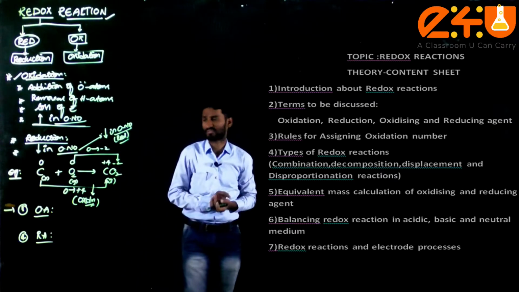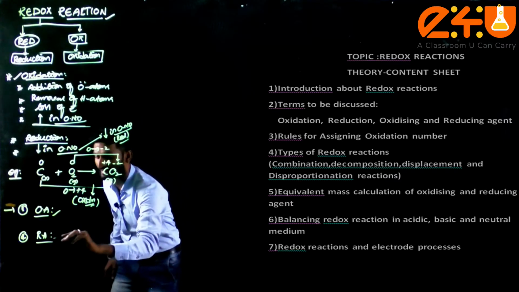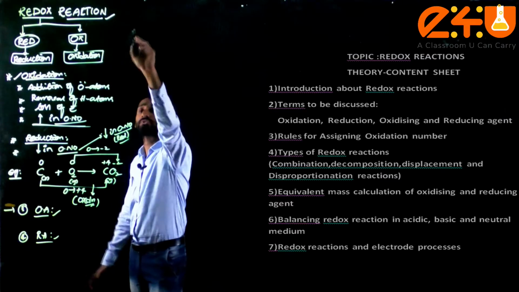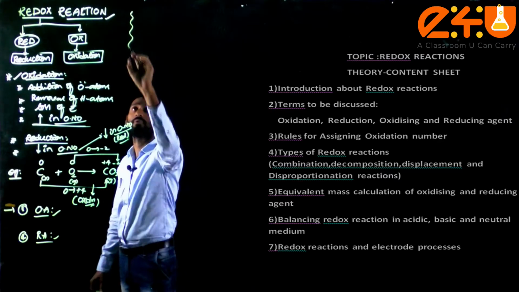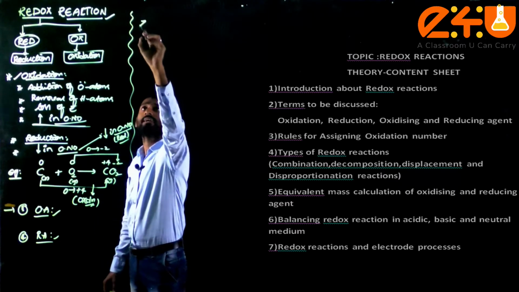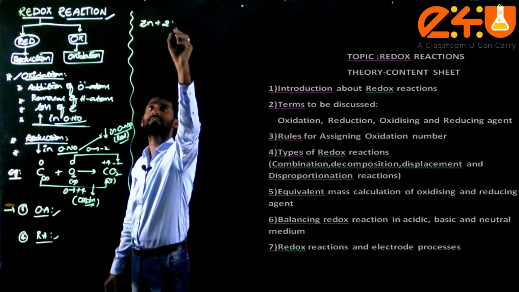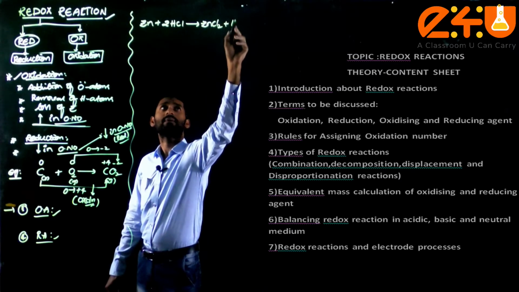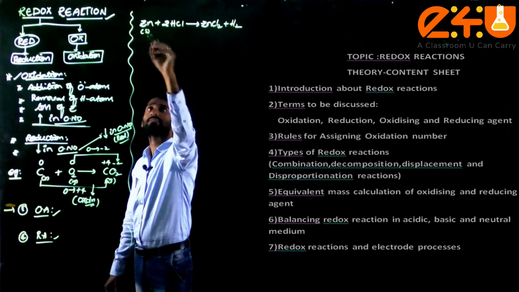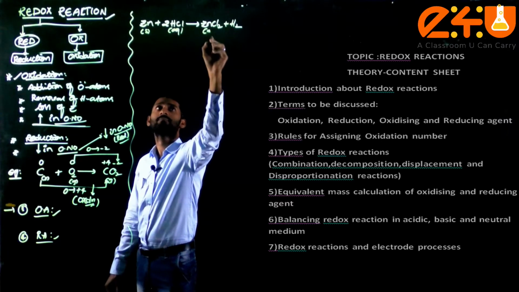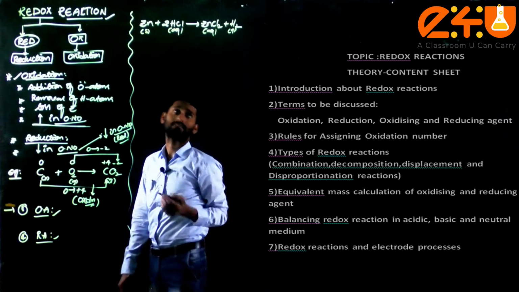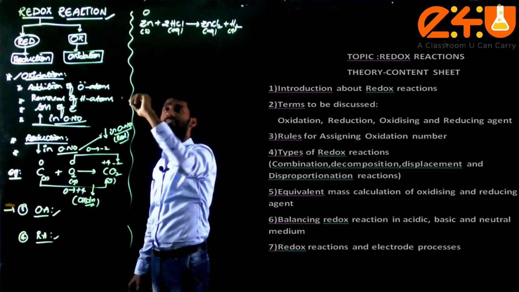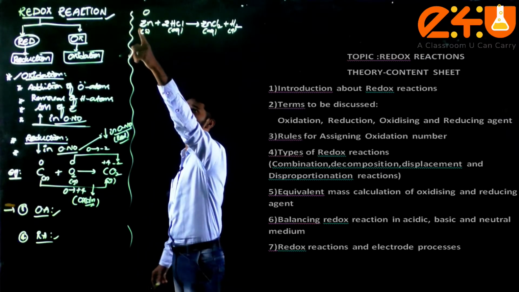Sir, I am having a bit of confusion regarding oxidizing and reducing agents. Can you explain with an example? Yes, take one example. When zinc reacts with HCl to form ZnCl2 plus H2, zinc is a solid, HCl and ZnCl2 are aqueous, and H2 is a gas. The zinc oxidation state is 0 because it doesn't combine with other elements.